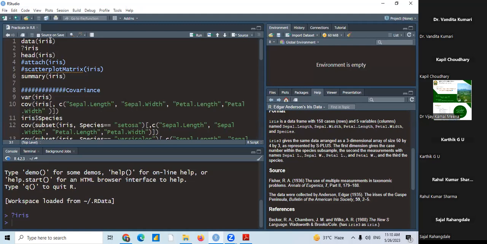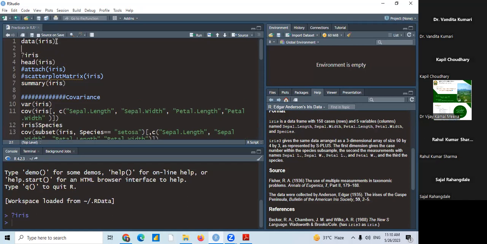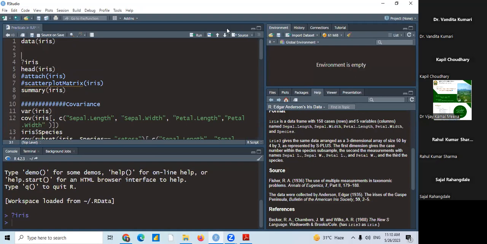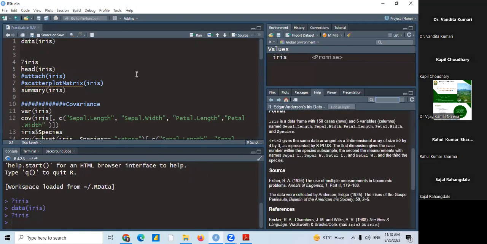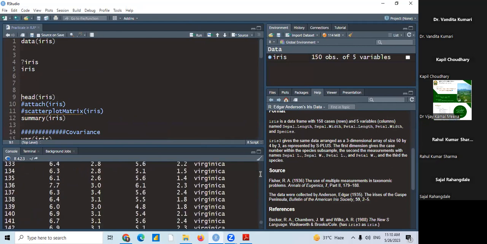When we are working in R, first we will call the data set. You write data, in brackets iris. This is going to read the data set iris. After reading the data, you would like to see the data set. If we write iris and run, you can see the whole data set.